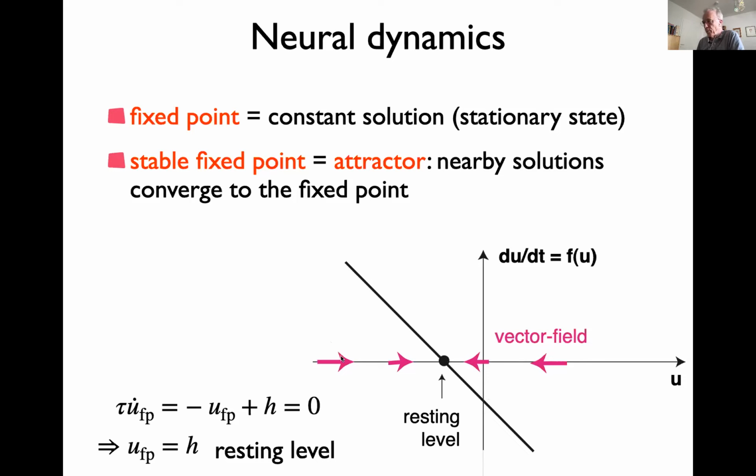So at your next moment in time, you would have a larger activation. Again, you could iterate that in your mind. You see that you will be converging to the fixed point. So this attraction comes from the negative slope. And that's a very general theorem in higher dimensions. It's the negative real part of the eigenvalue of the underlying linear dynamics that makes that stability.